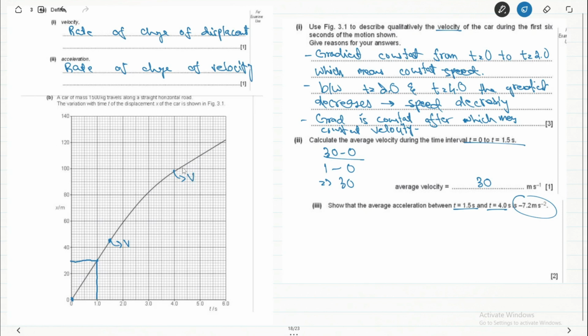So we know that the average velocity at t equals 1.5 is 30, right? Let's just take this as initial. And at 4, you will notice that this line just becomes a constant. So just take any 2 points on this line. Let's just take this one and this one.